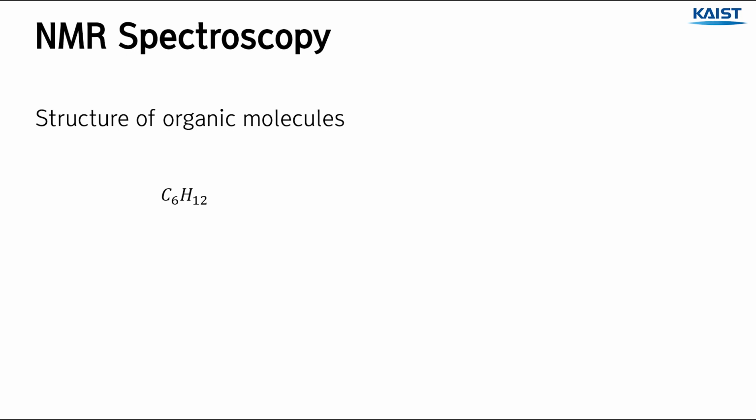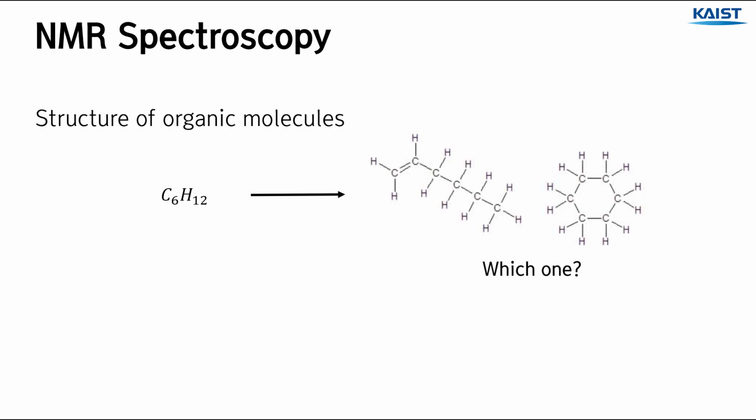However, we can't find out the atomic structure just by knowing the formula because there are isomers. We can use NMR technique here. Because the electron environments of this proton and this proton are different, the energy spacing and absorption spectrum of them are also different. So we can distinguish these two compounds by comparing the absorption spectrum.